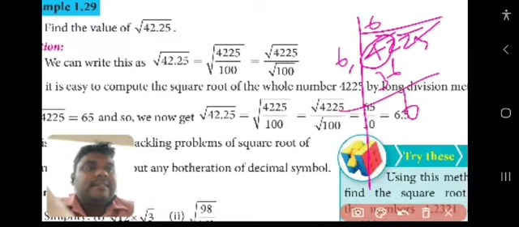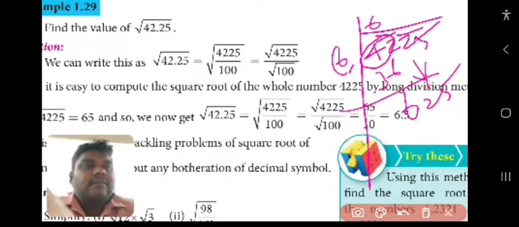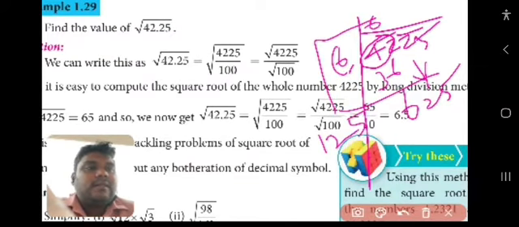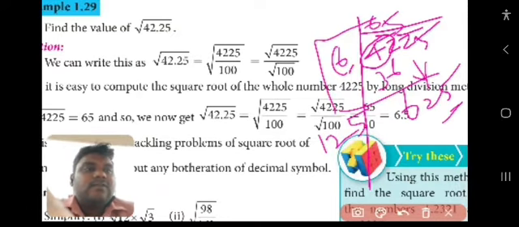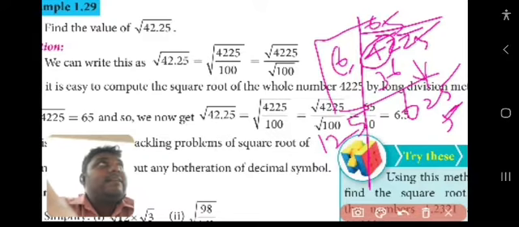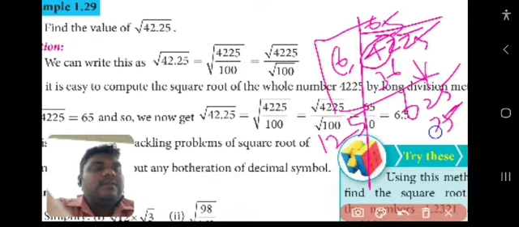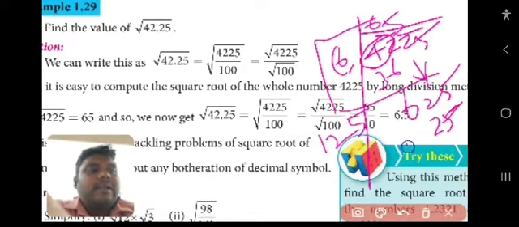Remaining is 6, so we bring down 25. We multiply 6 by 2: 6 2s are 12. The last one-digit number is 5. 5 5s are 25, balance 2. 5 2s are 10, 10 plus 2, 12, balance 1. 5 1s are 5, 5 plus 1, 6.